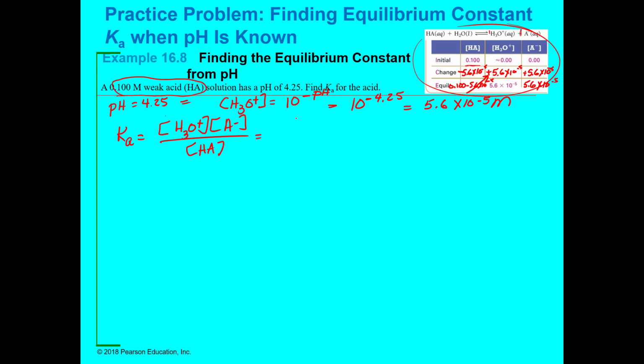So when I plug those numbers in, I've got 5.6 times 10 to the minus 5 times 5.6 times 10 to the minus 5 divided by 0.100. And if you want to subtract the 5.6 times 10 to the minus 5, you can. But like I said, it's not going to change this number past these decimal places. So you don't even have to bother with that. And so when you put that in, your Ka should calculate out as 3.1 times 10 to the minus 8.